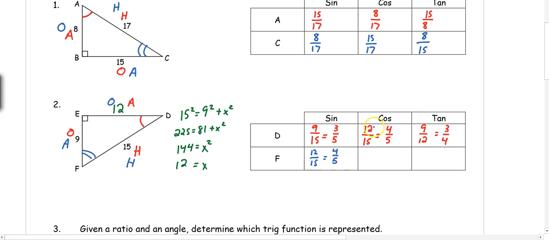Okay, if you remember that the sine and cosine switch for the opposite angle, then you could just switch the fractions right away. If not, then just reset up your fractions like I'm doing. So for cosine of angle F, it's adjacent over hypotenuse, which reduces to 3/5. And my tangent is opposite over adjacent, which reduces to 4/3.